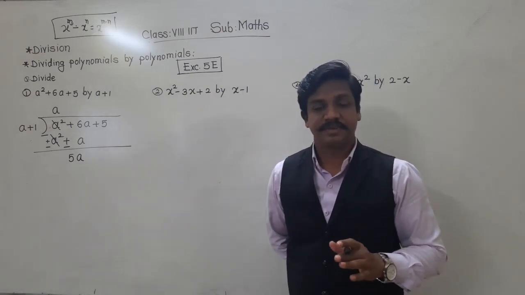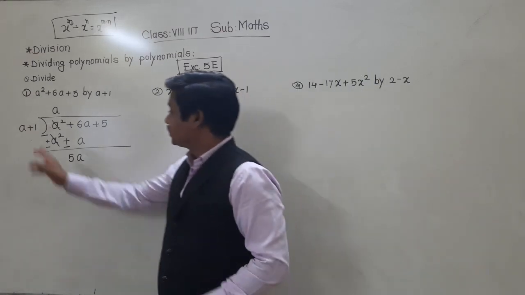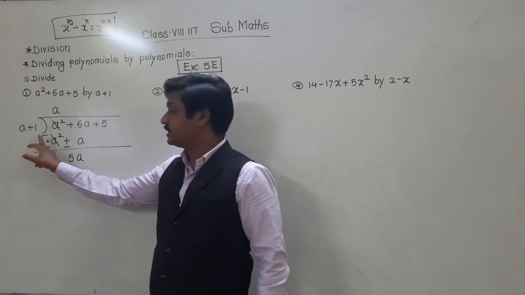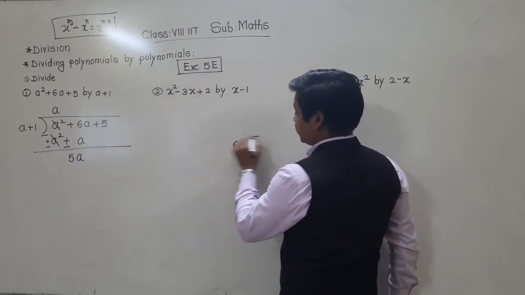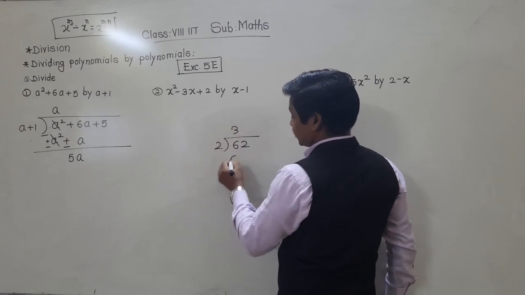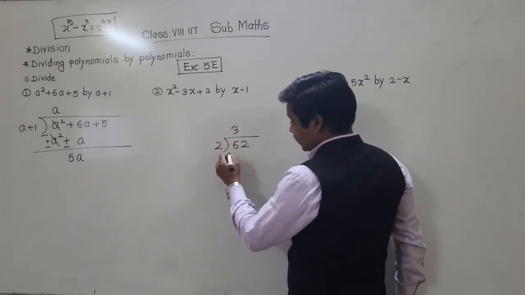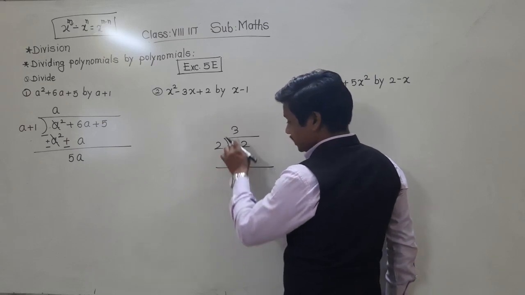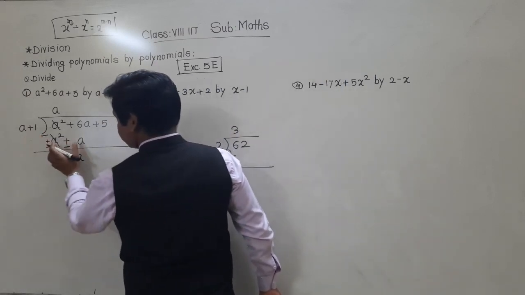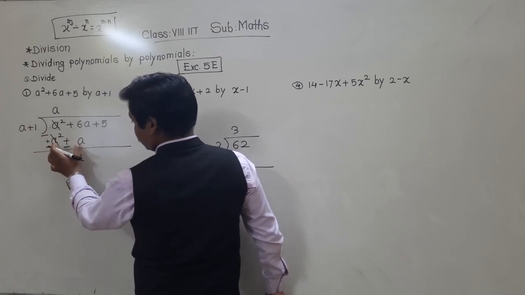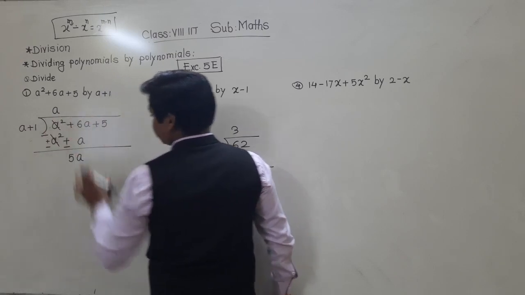Understood this? Don't get confused here in this subtraction sign. Whenever we divide any number, 62 divided by 2, 2 3s are 6. The 6 which we write here, that we subtract, right? Subtract from this, 6 minus 6, 0. So this minus sign means this. The term which we have written below, that we will subtract from the upper term.